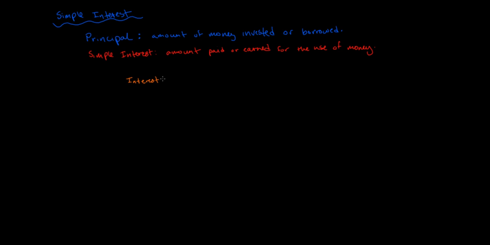Interest is the principal times the rate, so this is the interest rate, multiplied by the time, the amount of time that the money was used for.